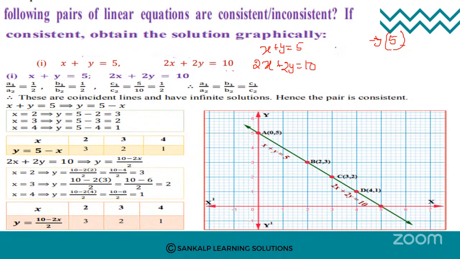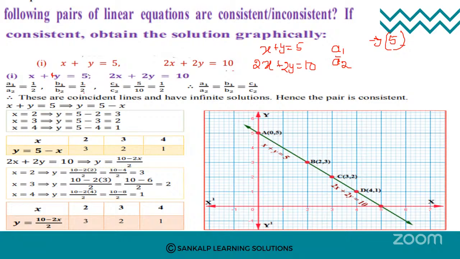For that, I need to compare the ratios A1 divided by A2. In this equation, A1 is 1. In this equation, A2 is 2. Therefore, A1 divided by A2 is 1 divided by 2. B1 divided by B2. B1 value is 1, B2 value is 2, right? B1 divided by B2 is equal to 1 divided by 2. Observe carefully.